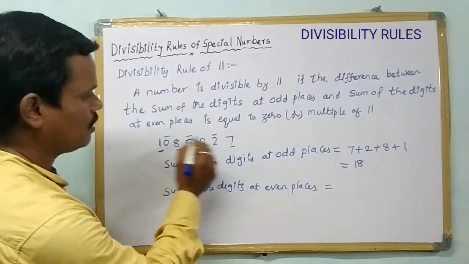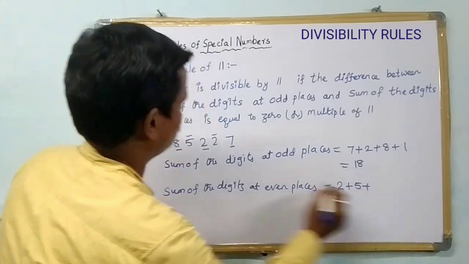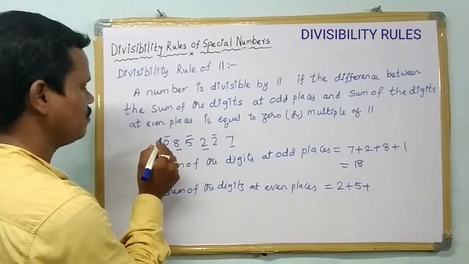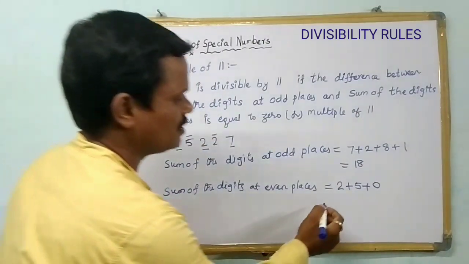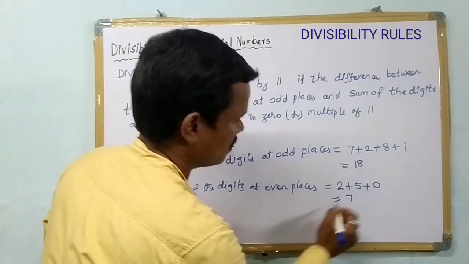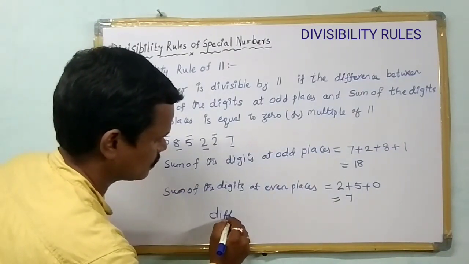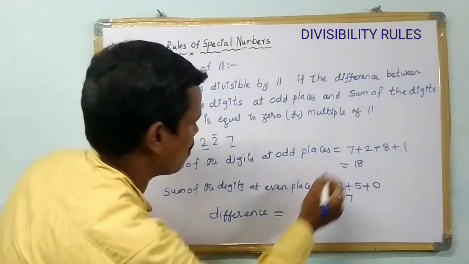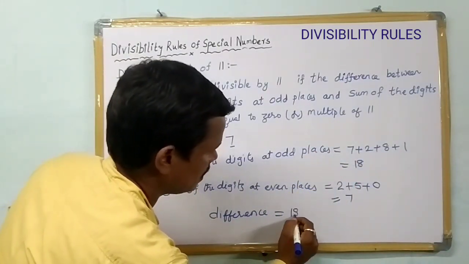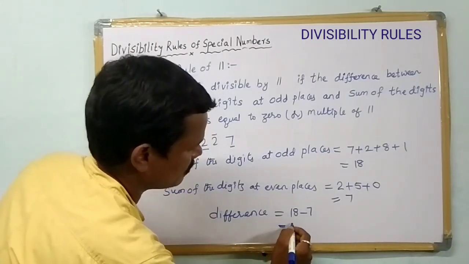Take these numbers: 2 plus 5 plus 0. These are the digits at even places. Their sum is 7. Now the difference is the sum of the digits at odd places, 18, minus 7. 18 minus 7 is 11.